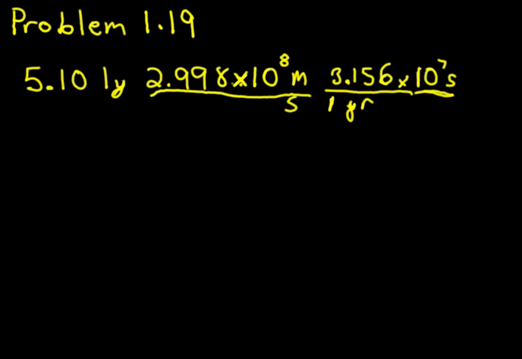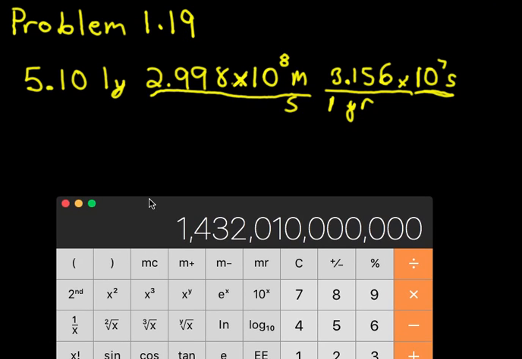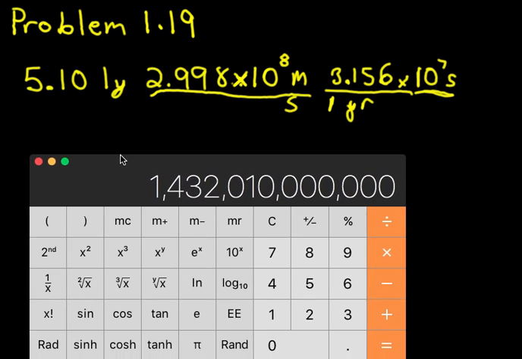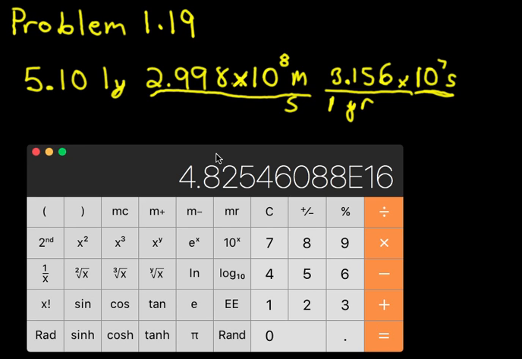So I'm going to multiply across here: 5.10 times 2.998 times 10 to the 8th times 3.156 times 10 to the 7th equals 4.825 times 10 to the 16th.